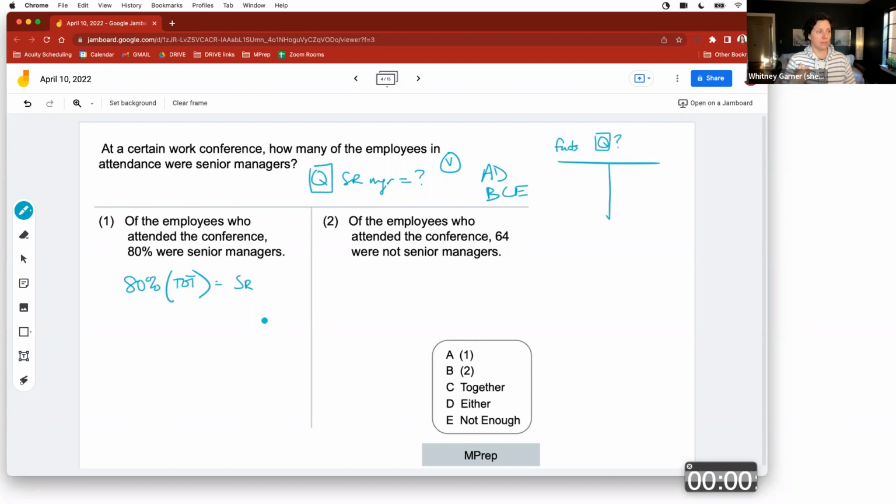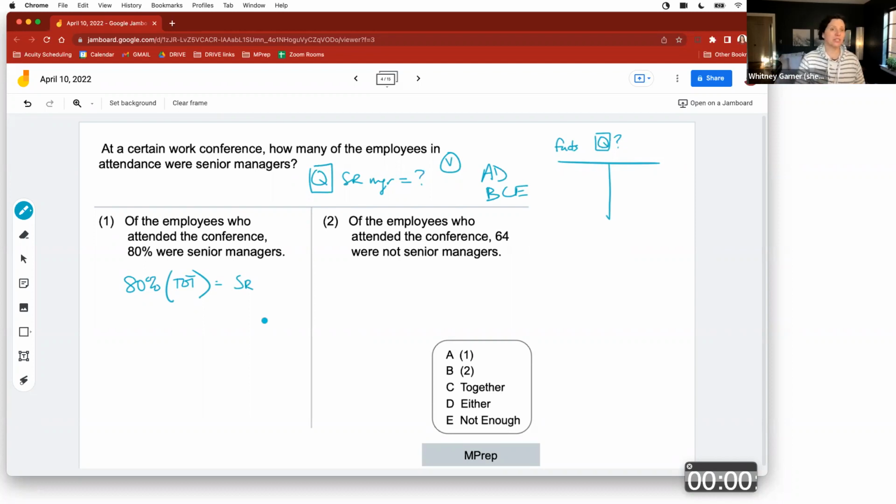In this case, I might be thinking of senior managers as the letter S. My S's turn into 5s, so I have to be very specific about how I write them. So for this, I might just write 80% of the total equals senior managers. I'm not trying to write a bunch of equations yet. If I have to, maybe, but for now, just using some partial words, that shorthand is great.